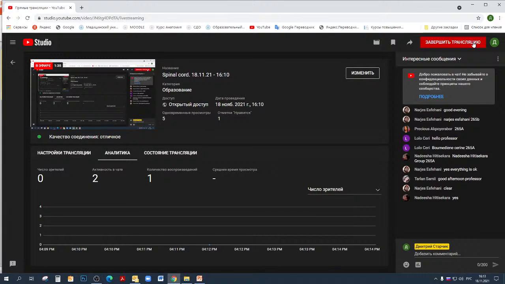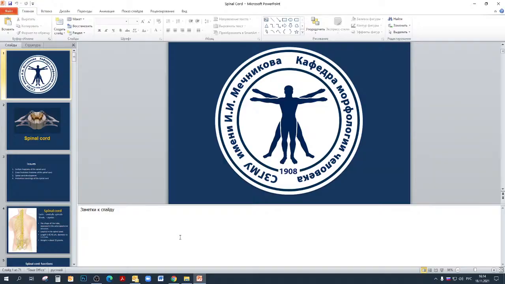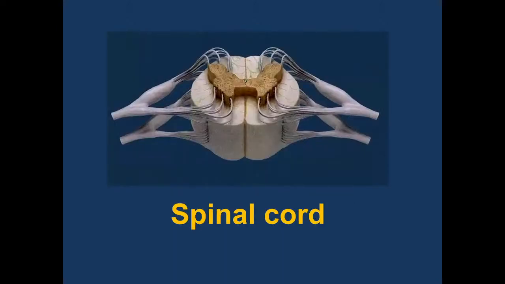Okay, so let's get started. Today's topic is spinal cord. Spinal cord is the information highway that connects the brain with the lower body.